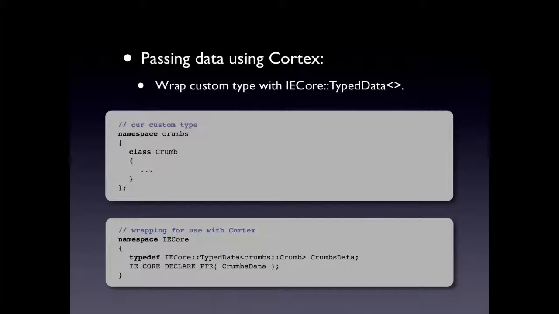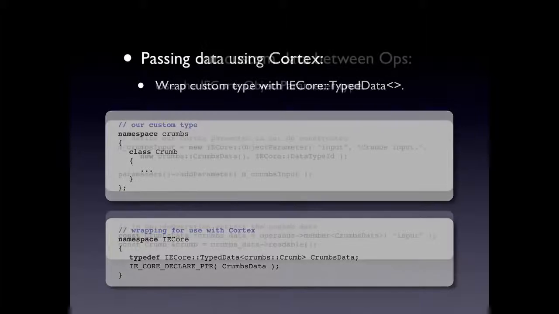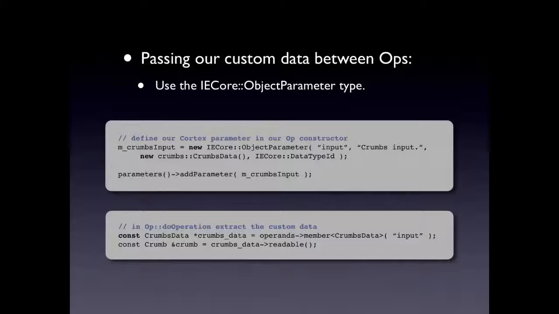What it's doing is generating its own new type of data derived from IECore type data, and then passing that through Cortex op networks.